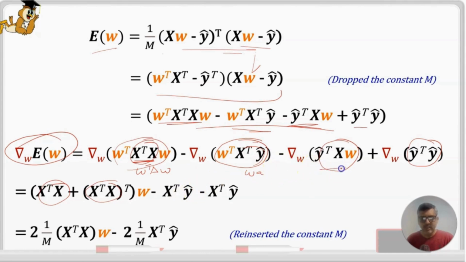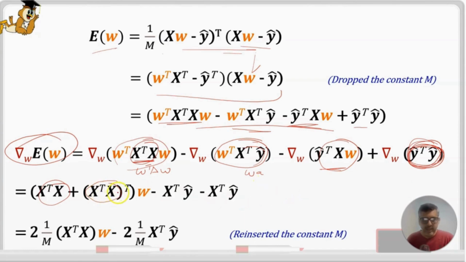Same identity being used here, and I get x transpose y hat, right? So this is what I have. And finally, the last term here, this is constant with respect to w, because these are not the computed y's, these are the observed y's in the training data, and therefore this term is constant with respect to w and its gradient is 0. So there is no fourth term over here.